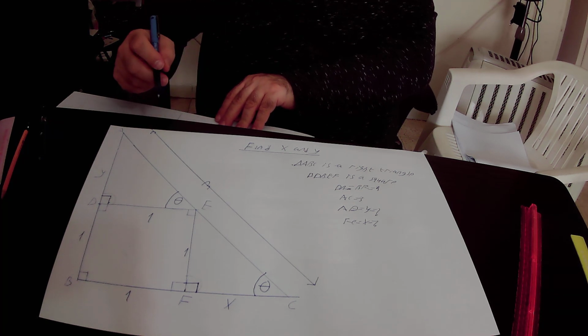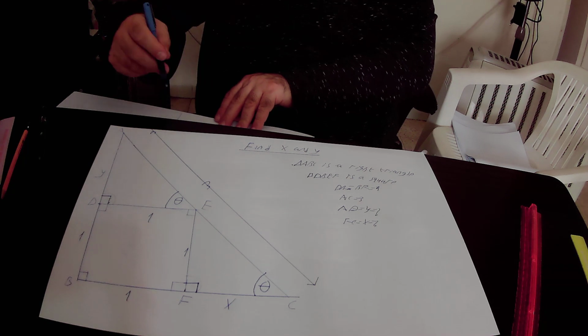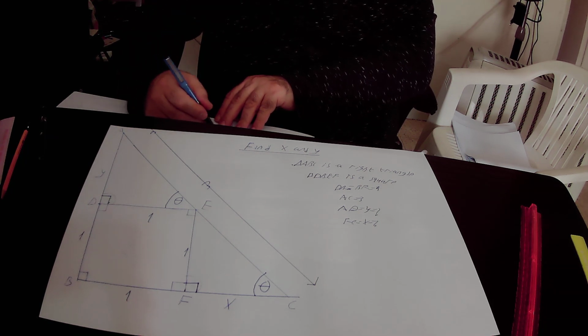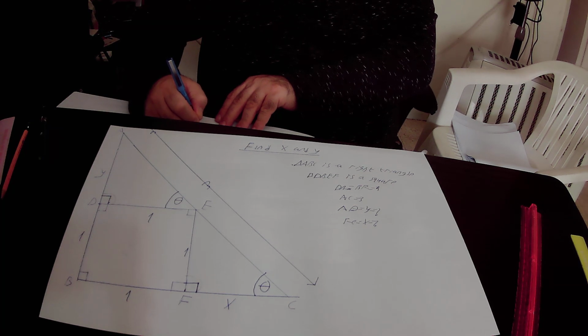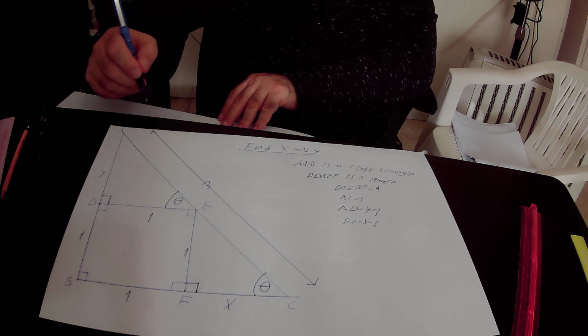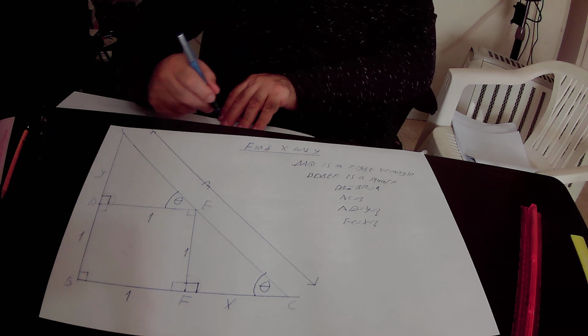The hypotenuse on the right triangle, triangle ABC is AC. Therefore, the square of the hypotenuse is AC squared. And it equals the sum of the squares of the perpendiculars. That is to say, it equals AB squared plus BC squared.